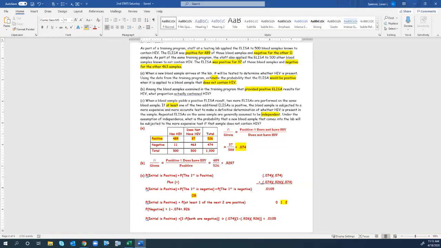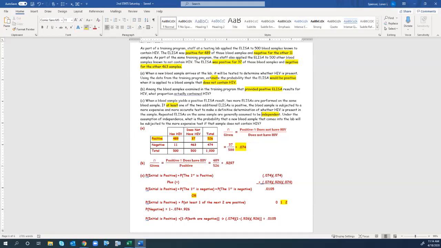So first off, in order for it to be subject to the more expensive test, the very first thing is it has to show up positive the first time. And if it shows up positive the first time, then it gets subject to 2 more tests. And if the first one or the second one of those 2 tests is positive, then it's sent on to the lab.